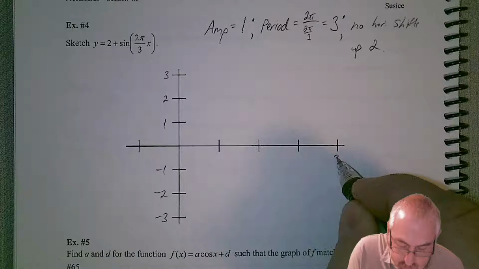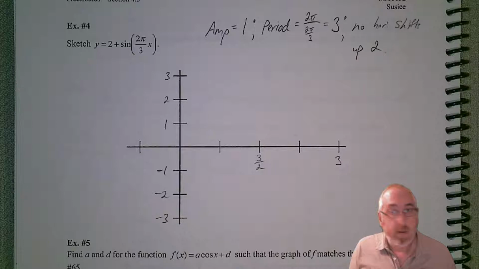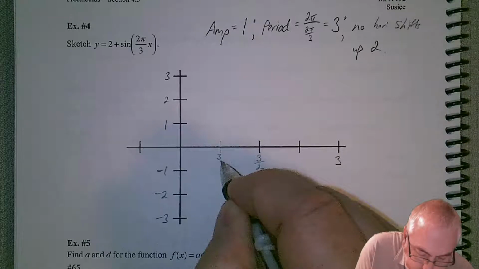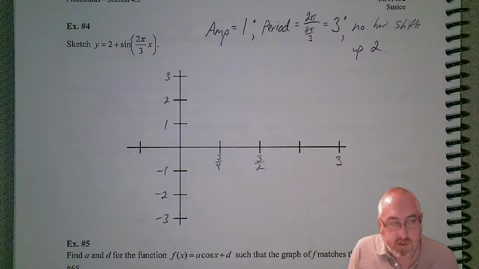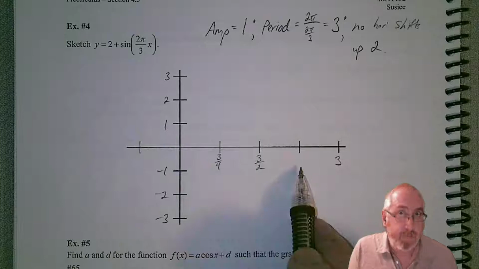So the one halfway in between should be 3/2. That's half of 3. And if we want to do half of that, then that must be 3/4. Now, can you use decimals? Of course, but using fractions is pretty easy too. And then what was the trick for the third one?